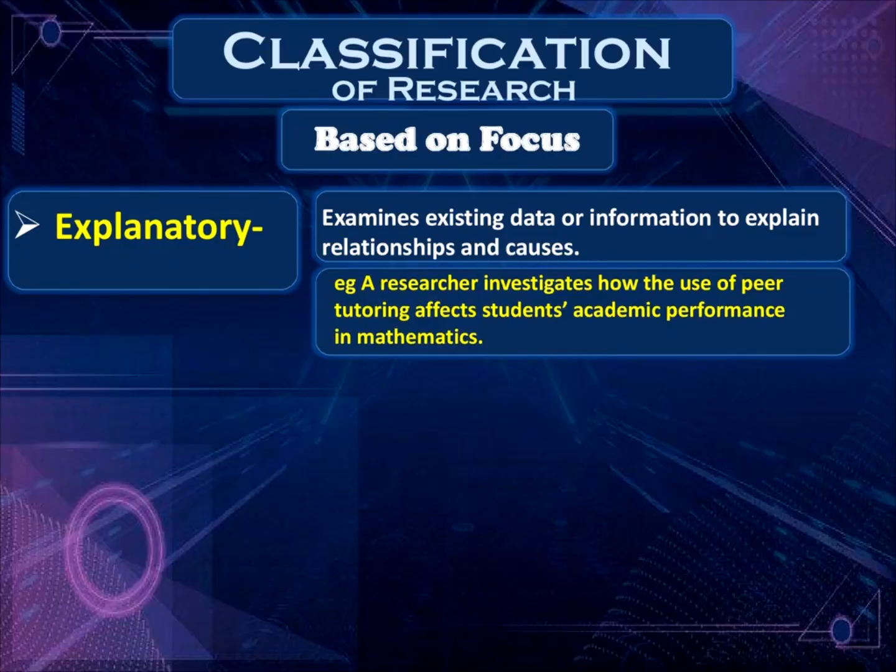So once again, you're experimenting with something, then sitting and trying to explain it. It's like the chicken and the egg: did the chicken come first or the egg? Here you investigate what effect it has on mathematics if students tutor each other. Whatever results have come, you then sit and explain.